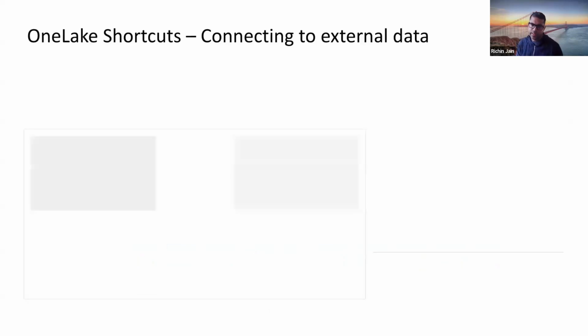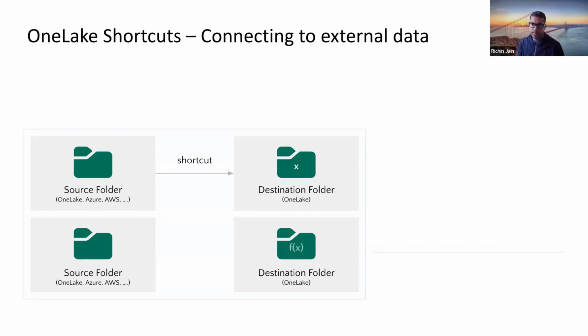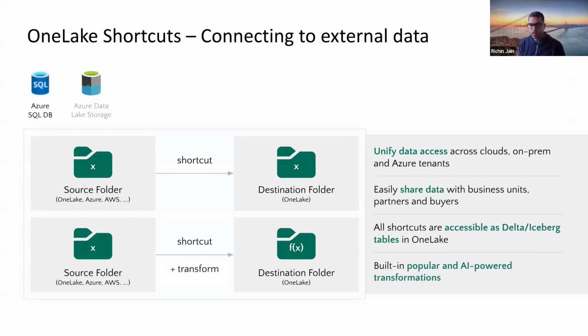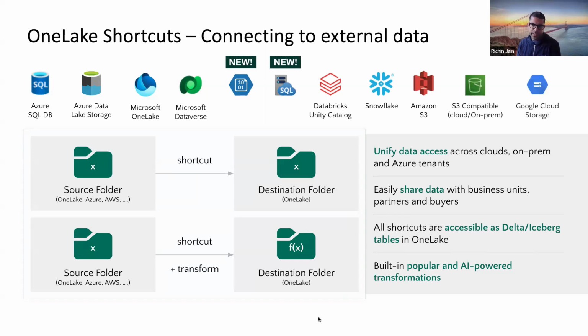So let's talk about different ways of how you get your data in. Shortcuts are similar to how on Windows or Mac you will create virtual links for files in different places and access it the same way. Using shortcuts, if you have data sitting in Amazon S3 or Google Cloud Storage, and there are a lot of native Azure sources that we support as well, including Databricks and Snowflake, you can bring all of that in without actually moving the data.